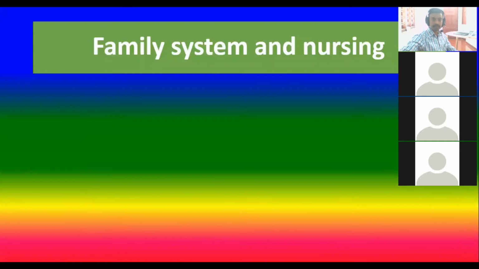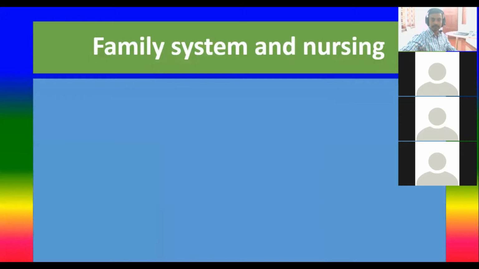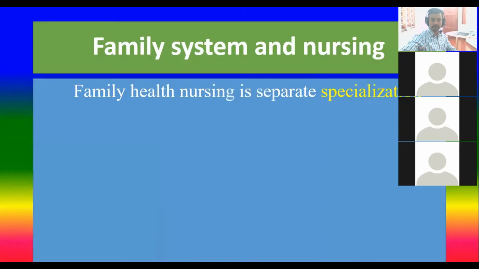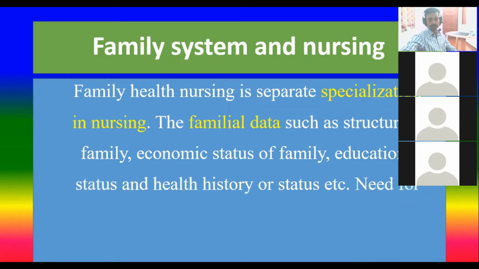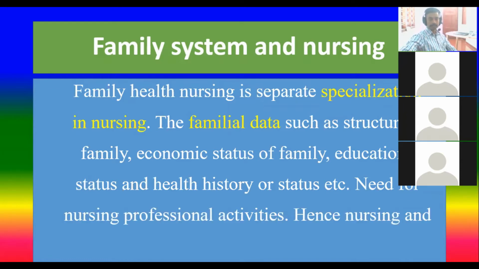Then we detail each component and its relation with nursing. First, family. Family health nursing is a specialization in nursing. Familial data: what are the data? Economic, educational, then health history, need for nursing, and nursing professional activities.